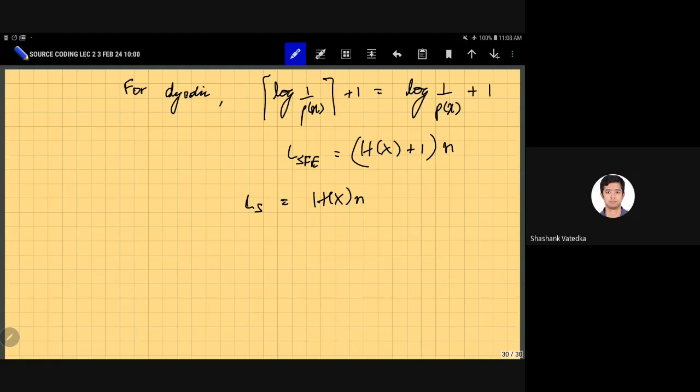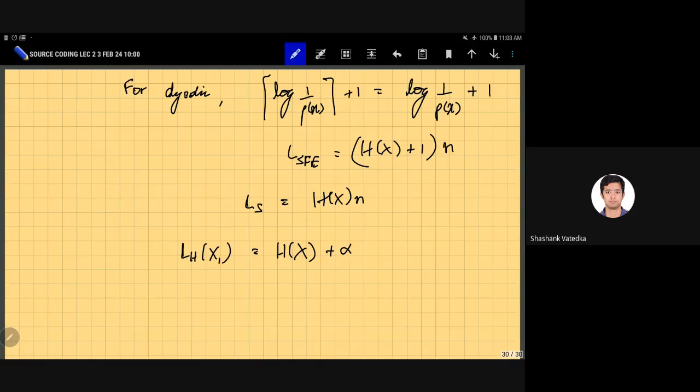All right. So when we say that L_H of X1, so this is H of X plus alpha. Alpha is less than 1, that's fine. But alpha is strictly greater than 0, and that is all that I care about.